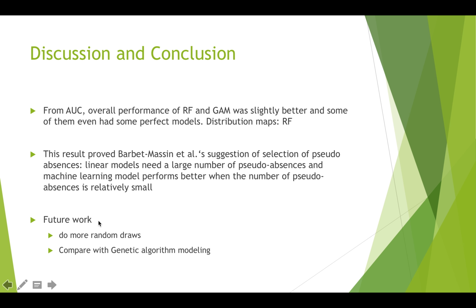For future work, I'm going to do more random draws. For example, I'll probably do 20 random draws for 1 to 1, 1 to 3, and 1 to 6 respectively, and average them to reduce the model sensitivity.